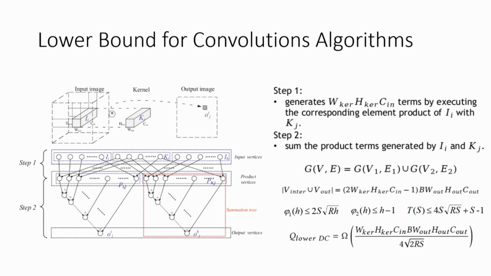So J can be divided into J1 and J2, and the number of the intersection of V in and V out is easy to estimate. T S can be obtained through formulas 0 and 1, and the lower bound can be obtained by 0 and 2.